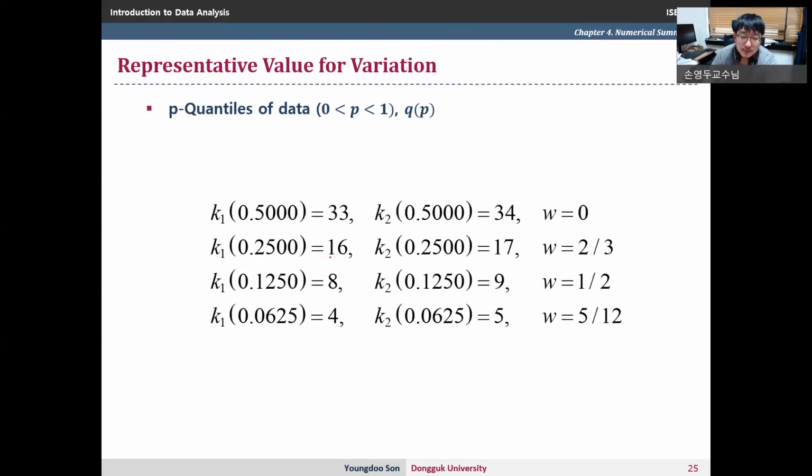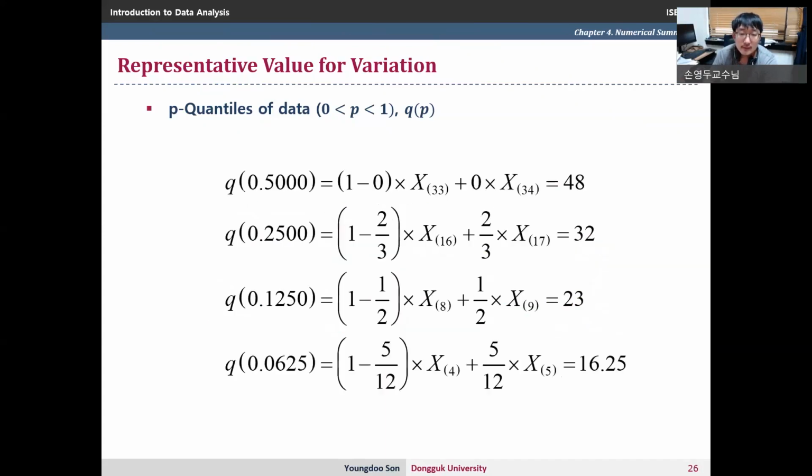So for 16 and 2/3, we need to interpolate between the values of x16 and x17, and the remaining ones are the same: we interpolate between x8 and x9, and x4 and x5. So we can get the weights like this.